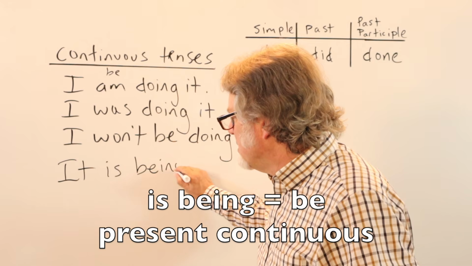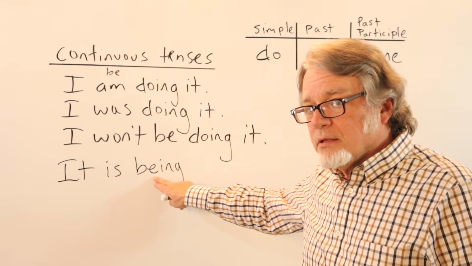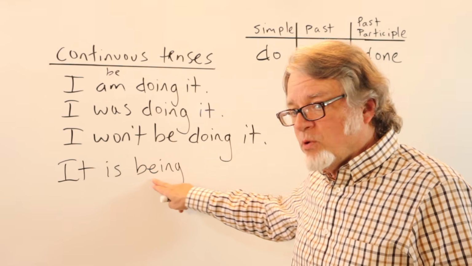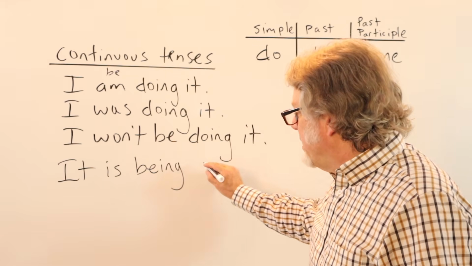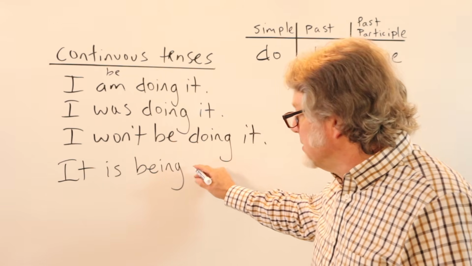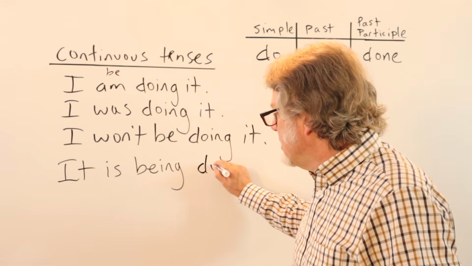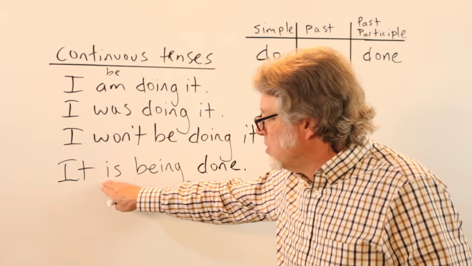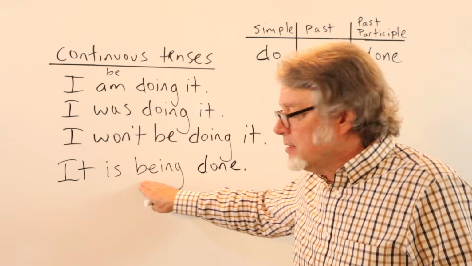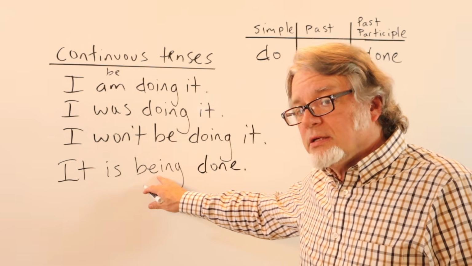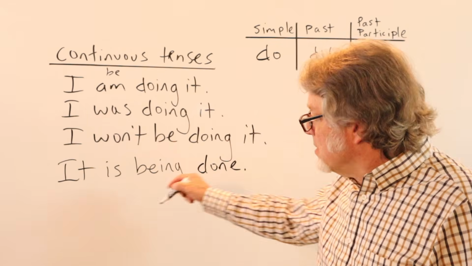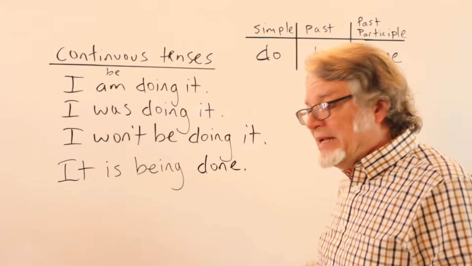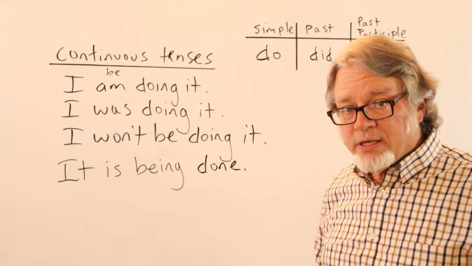Here's the verb be. This matches the requirement for the verb be, and then the main verb is done. It is being done. Notice that there are two forms of the verb be. It is being done. It's happening right now. But this sentence does not indicate who is doing it.